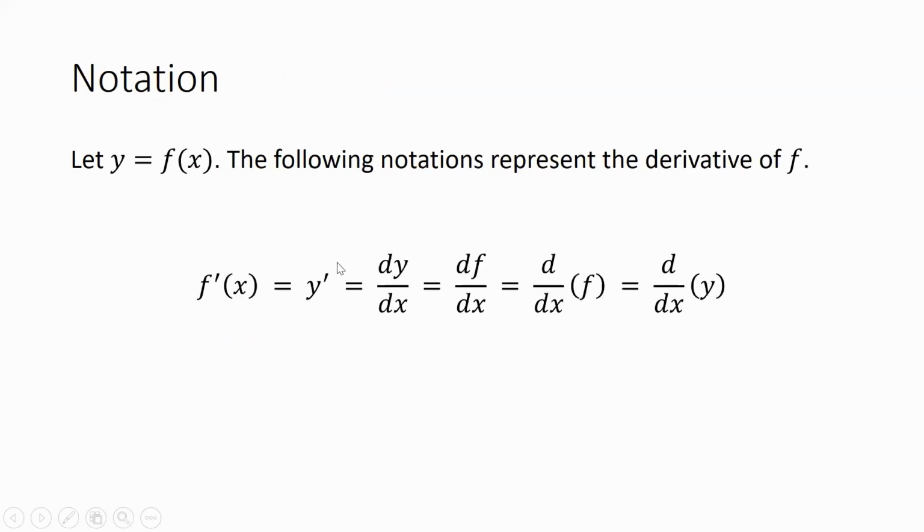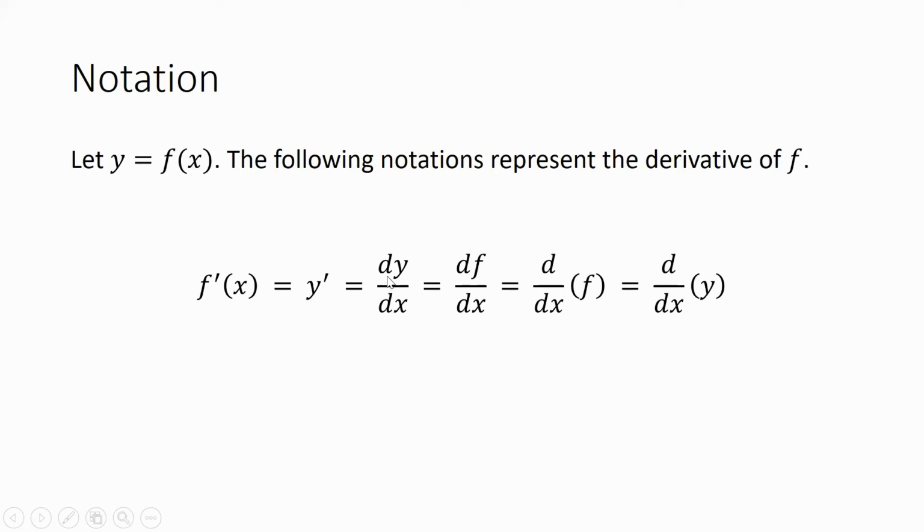Just as a note, the derivative function has lots and lots of different notations. We'll see why this is a little bit later in the semester, but the derivative function can be written as f prime of x. If my function of x is equal to some y value, then we can also say y prime. We can say dy over dx.